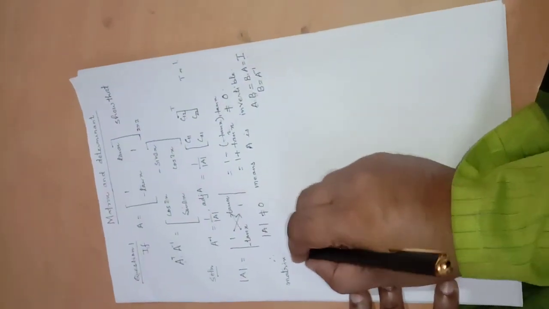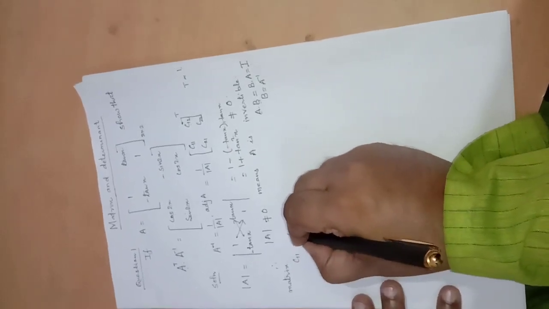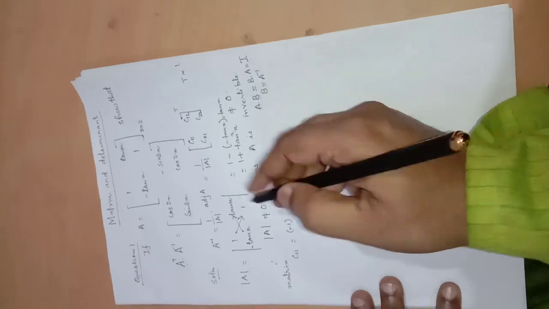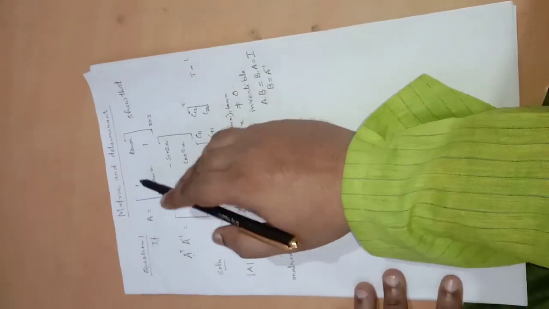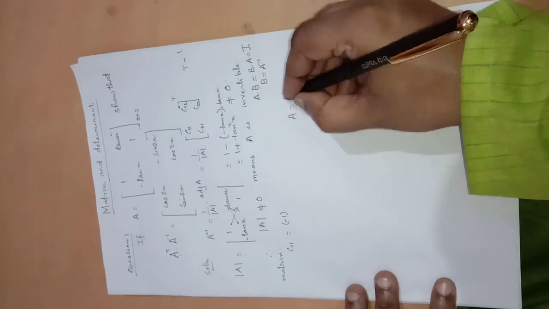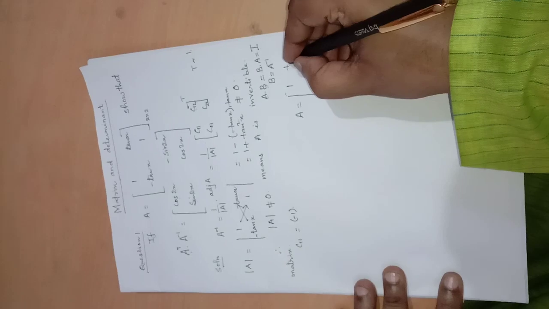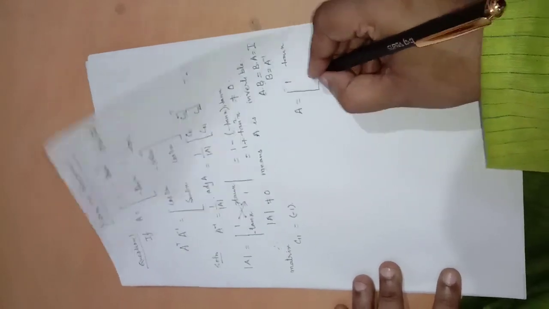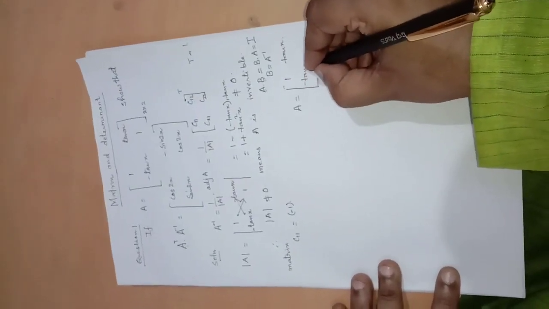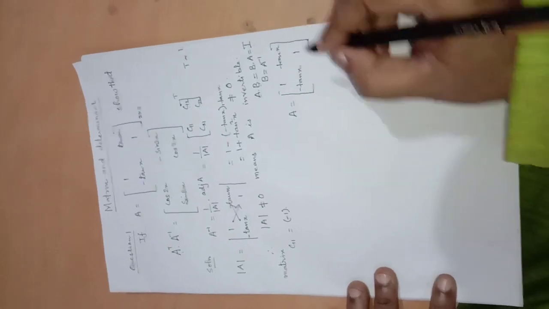Now we are finding C11. C11 means the cofactor of this one. I am just writing A as the matrix: row-wise 1, tan x, and minus tan x, 1.